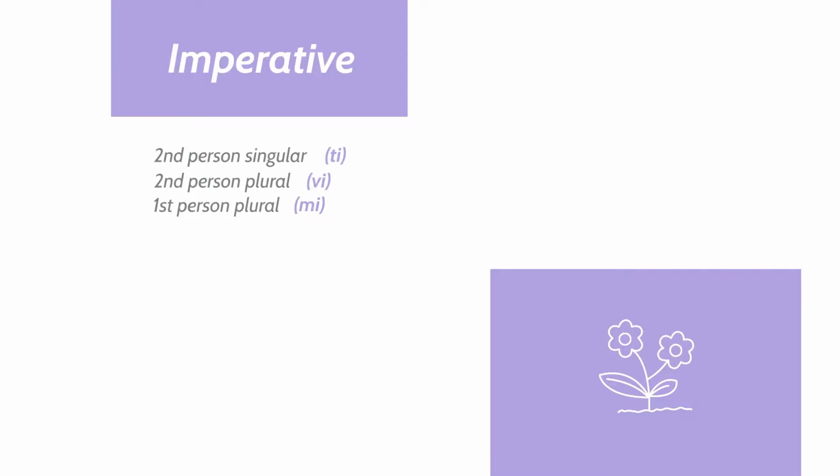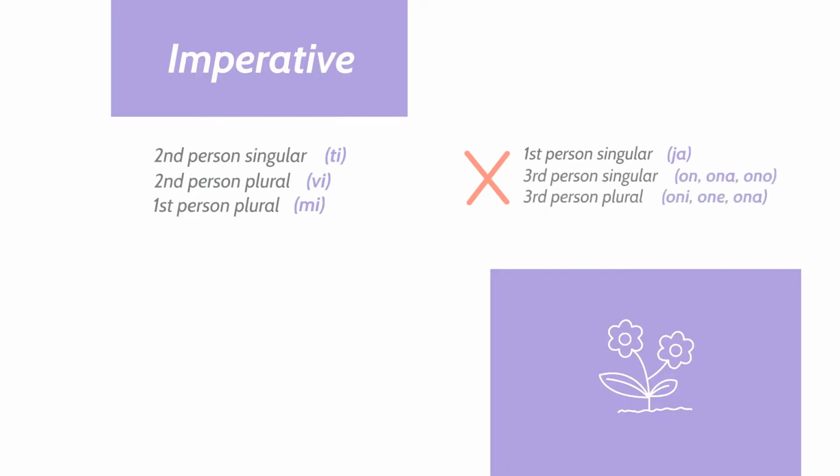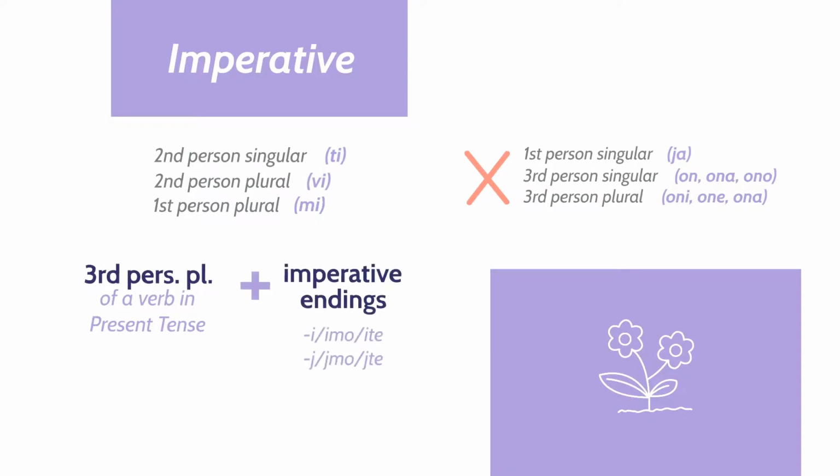You can't really give commands to yourself, first person singular, or to people who are not present, third person singular and plural. All you need to know here is the third person plural of every verb in present tense, and the imperative endings i, imo, ite, or j, jimo, jite, and you are good to go.